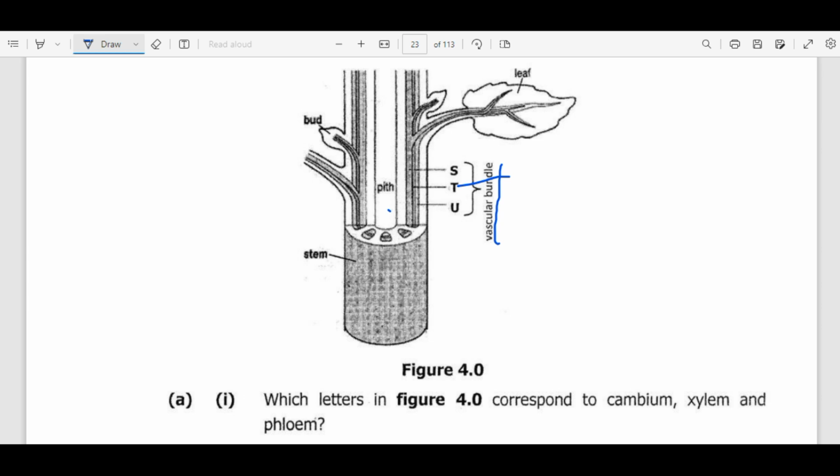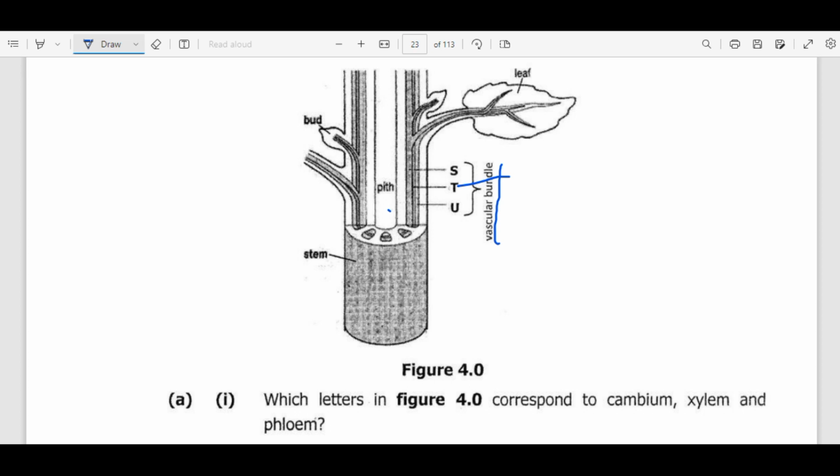Let us look very closely and carefully. Here S is inside, and then we have U, which is outside. When you look closely, you'd find that there is one which is going to a leaf, and one which is moving away from a leaf. So we have to identify and know these.